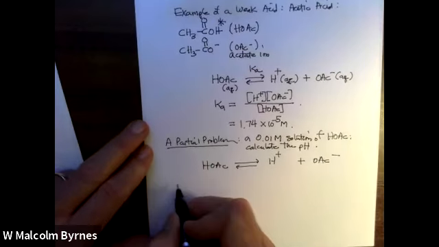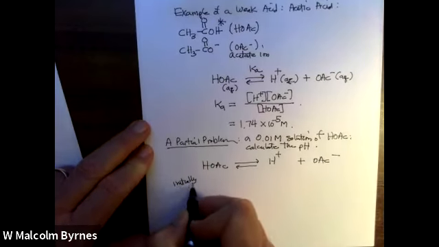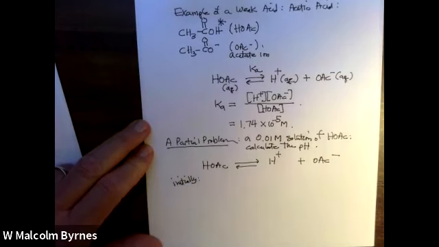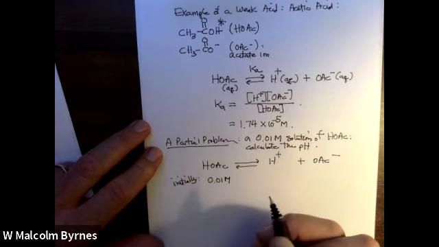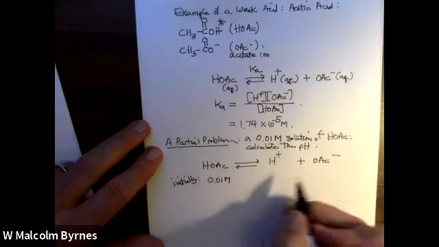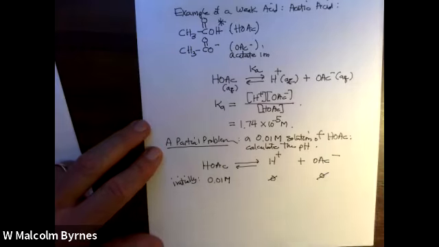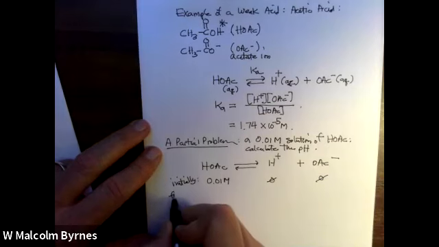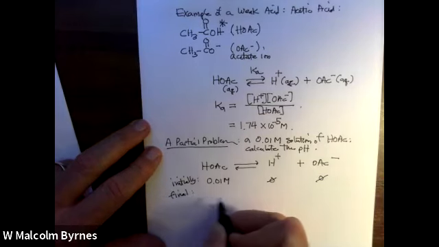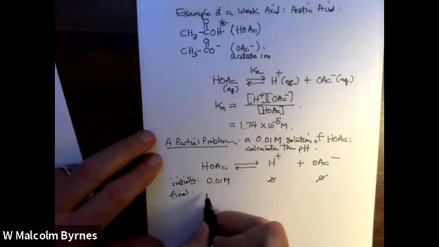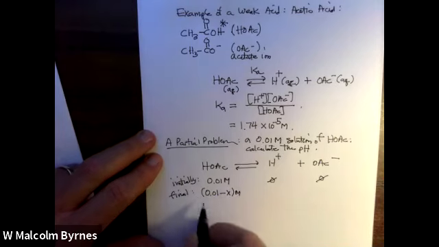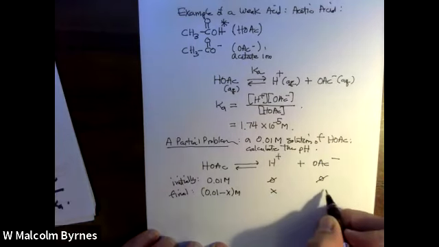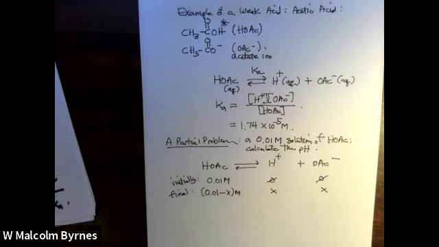So initially, you can imagine some hypothetical initial situation where we have 0.01 molar concentration of acetic acid, and let's say hypothetically it hasn't yet ionized. But then, boom, let's say it ionizes. Let's look at the final situation. What we have now is 0.01 minus X molar concentration of acid, and we have X amount of H plus and X amount of acetate.